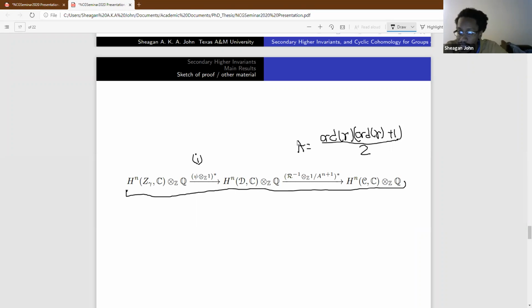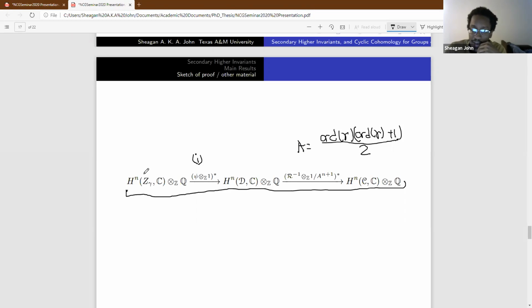So everything here is done rationally. So we have very explicit isomorphisms. R is a very explicit map from this part to this part. And so we have extremely explicit growth preserving isomorphisms, and then we simply compose them.